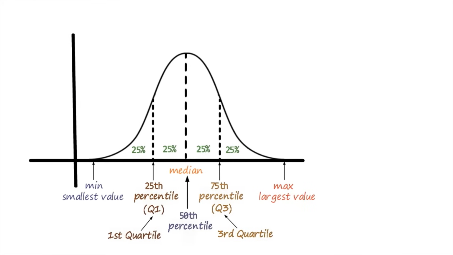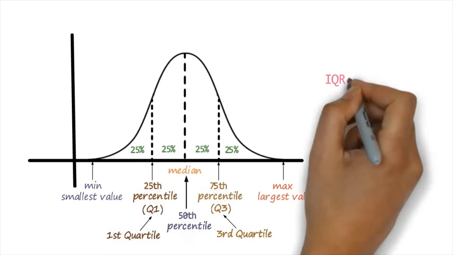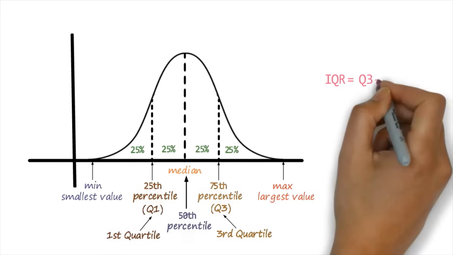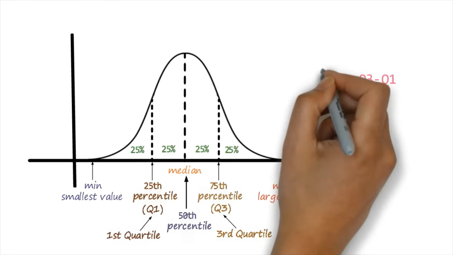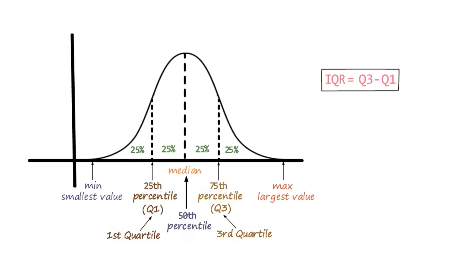And what is IQR? Now you will understand. The interquartile range means Q3 minus Q1. So this is the formula of IQR. The interquartile range is the difference, or you can say the distance, between the third quartile and the first quartile. So now you can ask me one question: how to calculate this IQR?